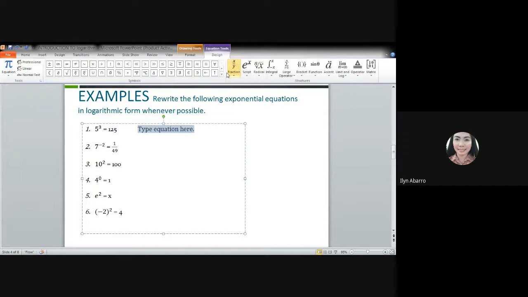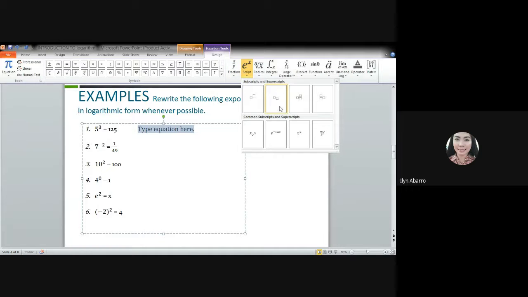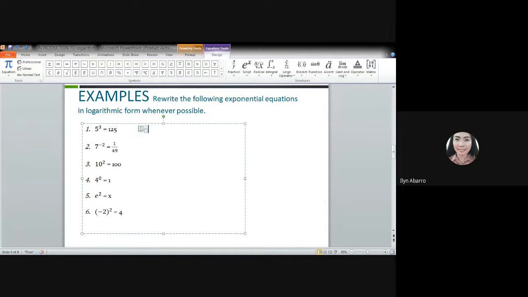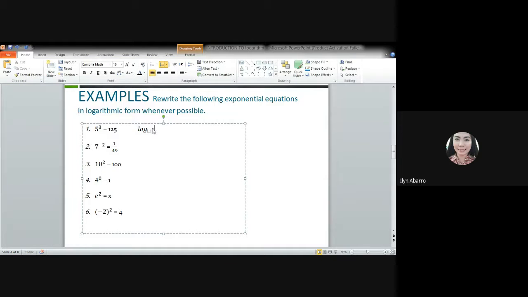Okay, when there is a subscript, this is what we will use. So, the logarithm of 125. Here we put the 125, to the base, what base do we have here? 5. To the base 5 is equal to, the one on the right side is the exponent. This is the value of the logarithm. The exponent is equal to 3.